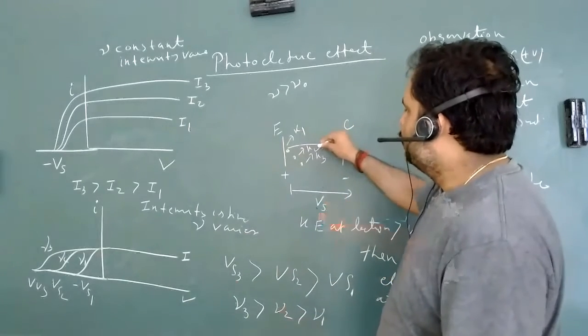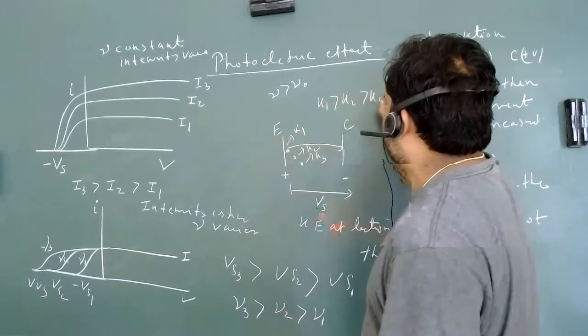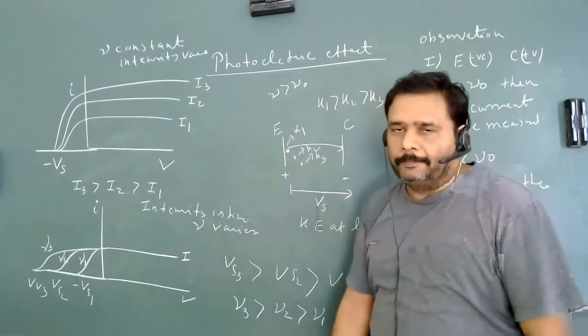Suppose K1 is greater than K2 is greater than K3. Suppose this type of situation is there.